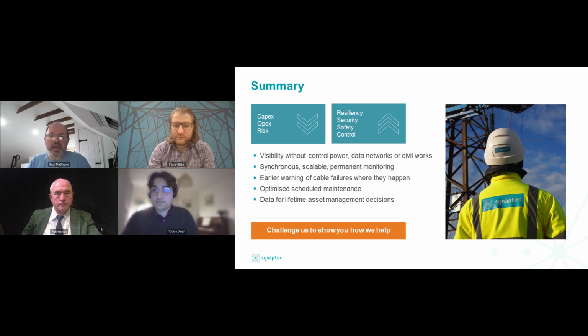So my analogy to that example is on some very big wind farms that we're now being deployed on that have hundreds of cables. We're deploying thousands of sensors and permanently and synchronously looking for outliers and exceptions so that you can get a targeted response and figure out where to go and why to deal with problems as they arise and get the earliest possible warning of these issues.